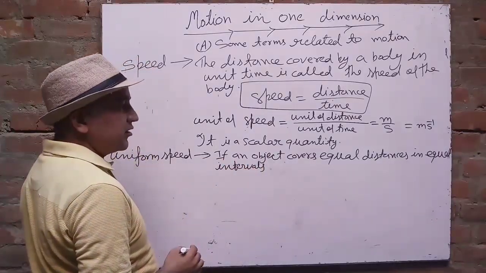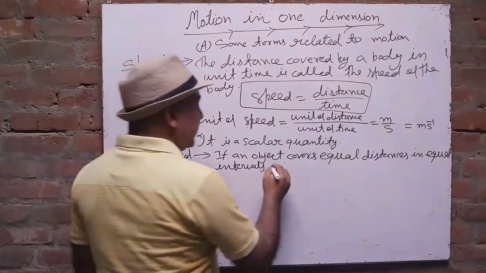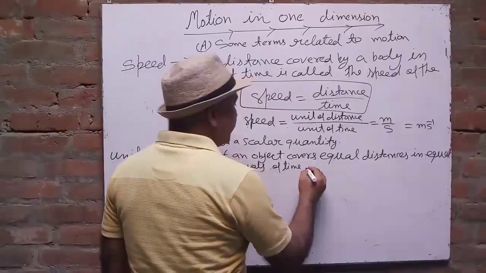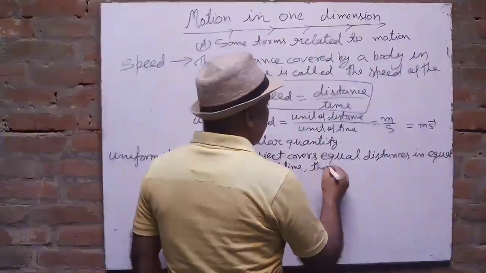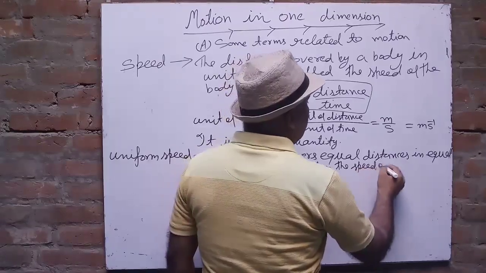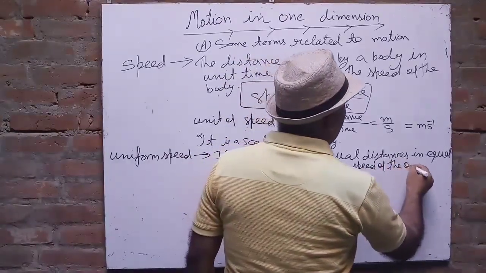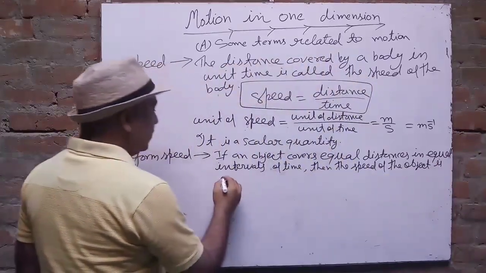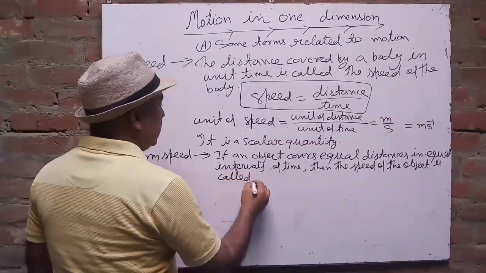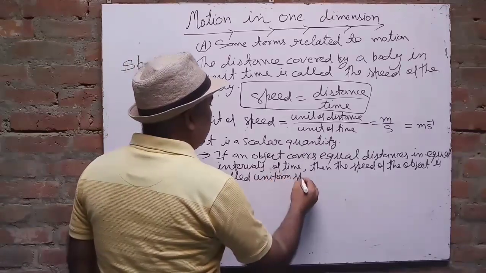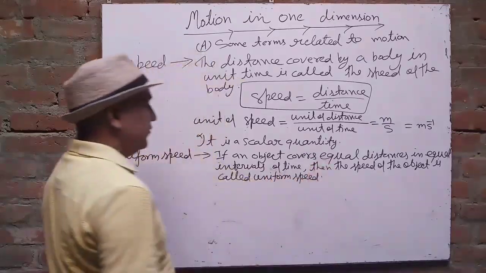If an object covers equal distances in equal intervals of time, then the speed of the object is called uniform speed.